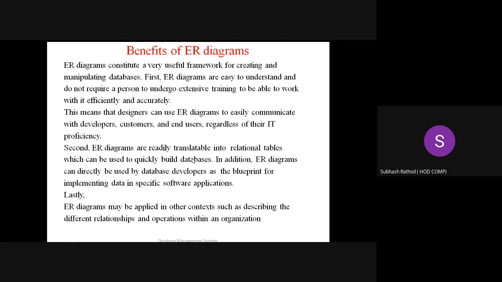In addition, the ER diagram can directly be used by the database developer as a very important blueprint for implementing a database in specific software. Blueprint means what?